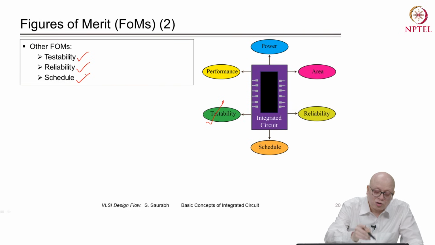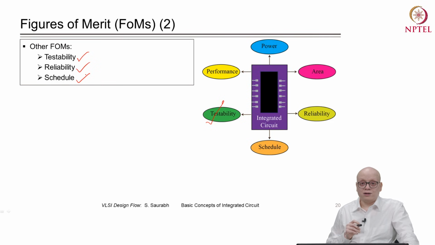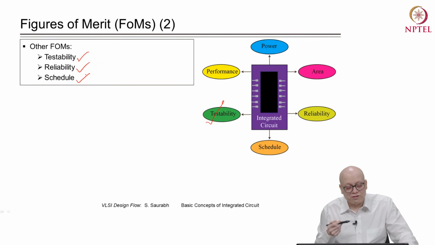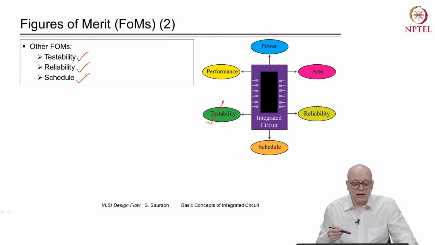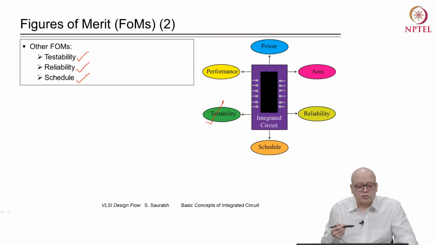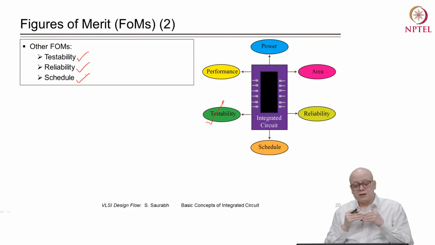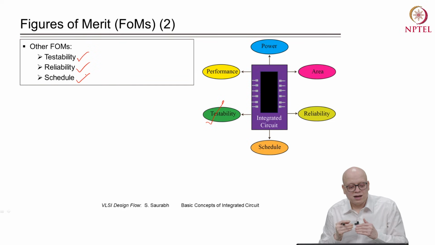Another figure of merit, schedule, is very, very important. Schedule means how much time we have taken to make a design. This is also related to time to market. Given a specification, how much time did we take to design that chip? Typically, the success or failure of a product highly depends on the schedule.